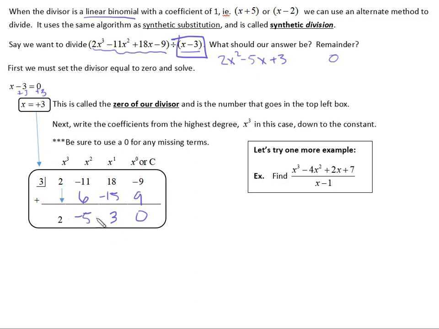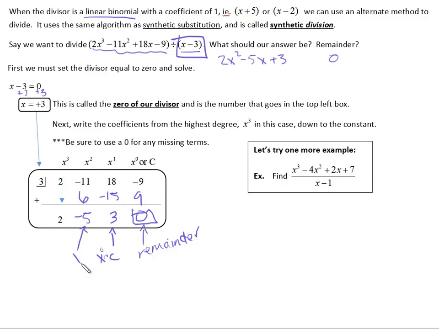And so if you look at these numbers, 2, negative 5, 3, 0, and look at what we're expecting our answer to be, 2x squared, negative 5x, plus 3 with the remainder of 0, we can see all those numbers right here. And in fact, this last calculation tells me the remainder. The number just to the left of it will always be our constant, or x to the 0.